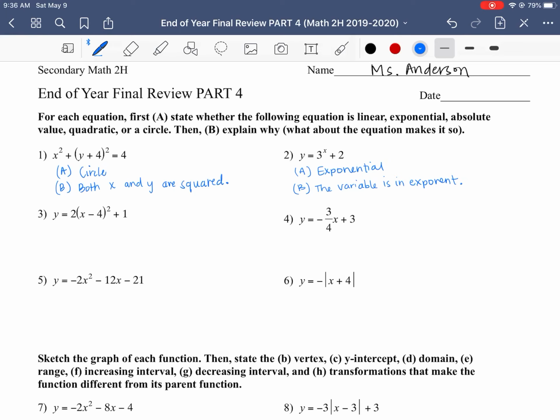Number 3, if you look at this one should look familiar. This one has an exponent of 2, and it's only on the x piece, right? So y isn't squared, just x is squared. So that means that this is a parabola, right? This one has a degree of 2, or the x is the squared piece.